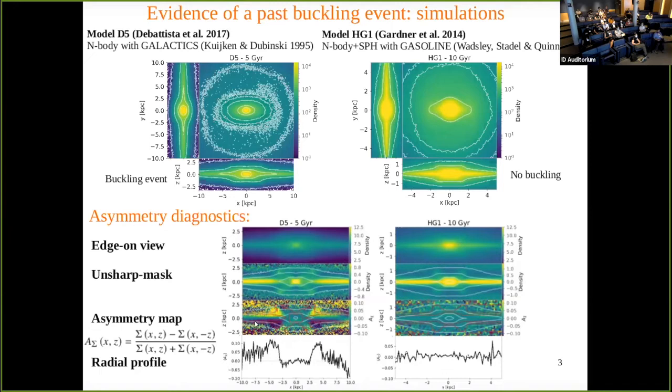Moreover, if we collapse this asymmetry map along the vertical direction, we get the asymmetry profile, which presents this typical double-peaked shape, which again highlights the region of the asymmetry. You can see that for the G1 model, there is no asymmetry in the map and a flat profile.